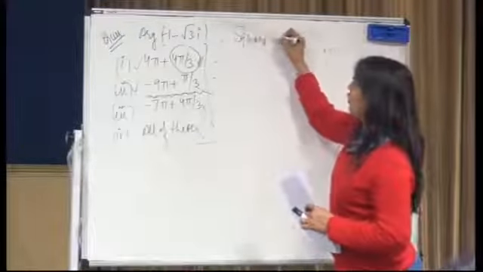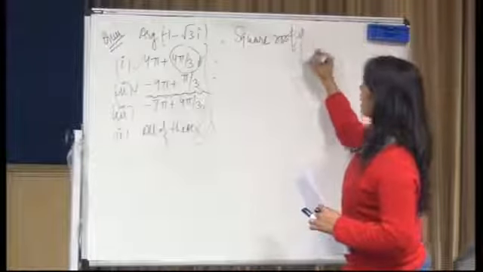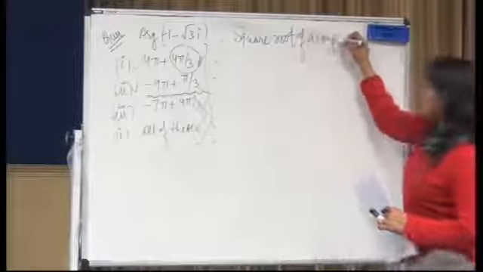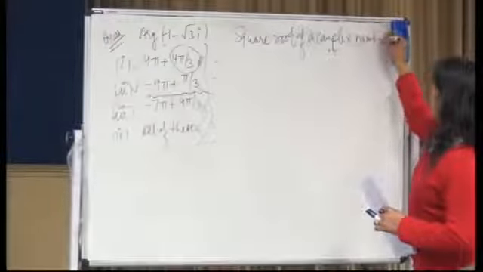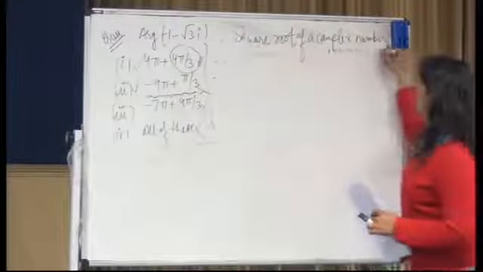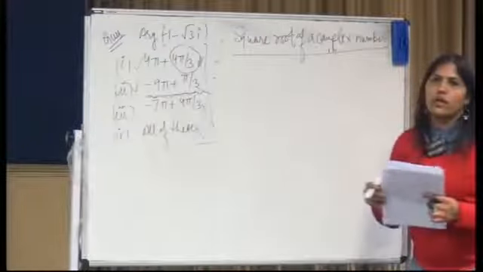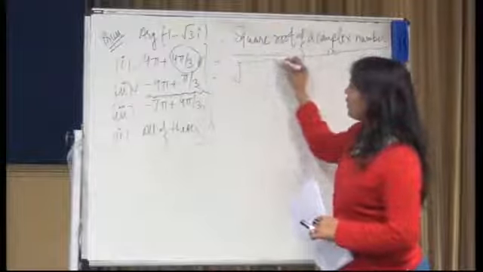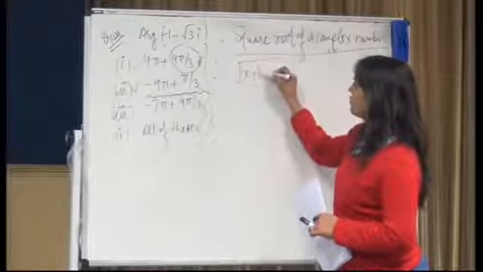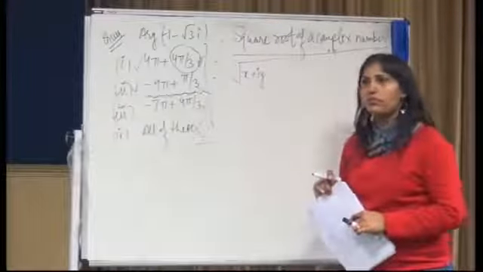So, square root of a complex number. For this we have a fixed method. Fixed means that you need to know the method, then only you can calculate, otherwise the calculation will be very difficult. So square root of any complex number means that you are asked to find this for any complex number.